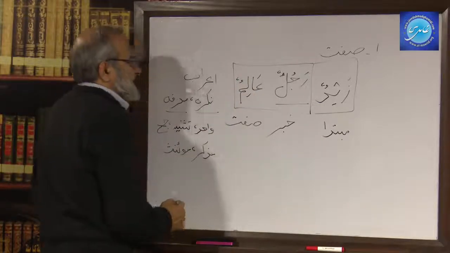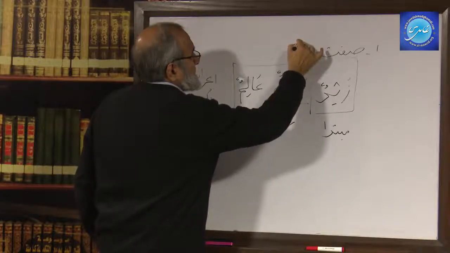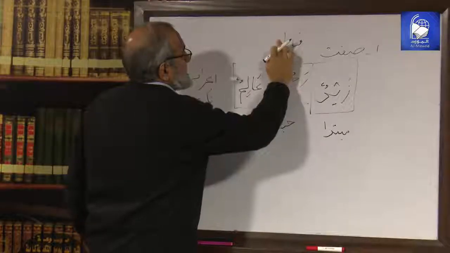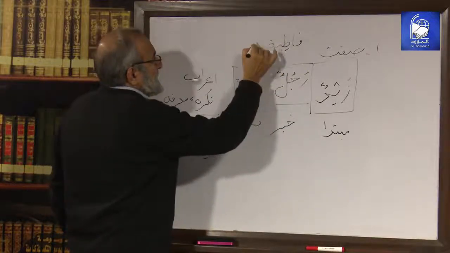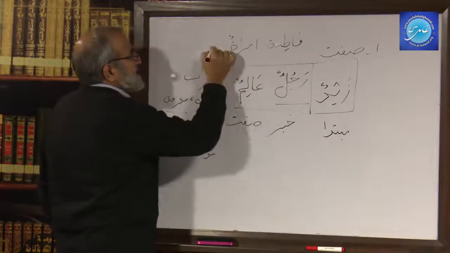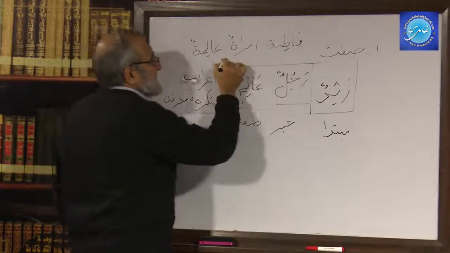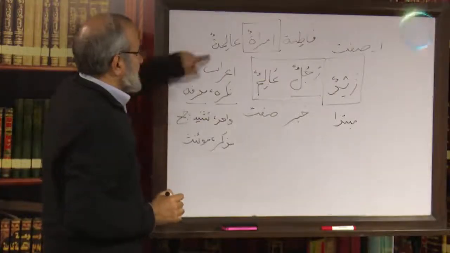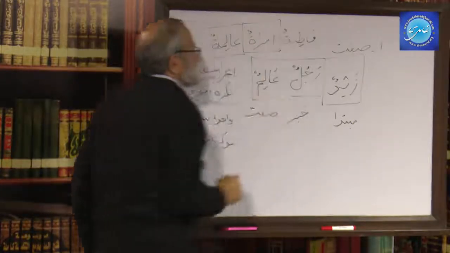If, for example, it had been, let's say, Fatima, imra'atun. Fatima is a lady who is an alima. In that case, imra'atun, which is the original noun, is going to be followed by its sifat, which is going to be the same in its gender.